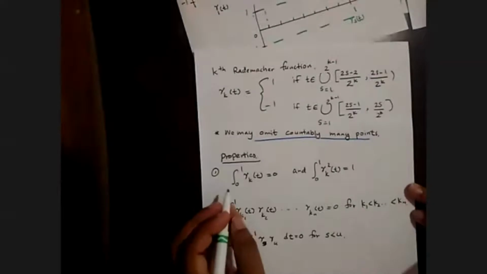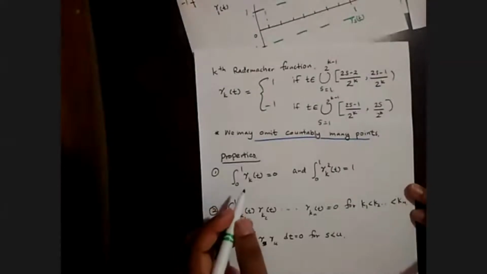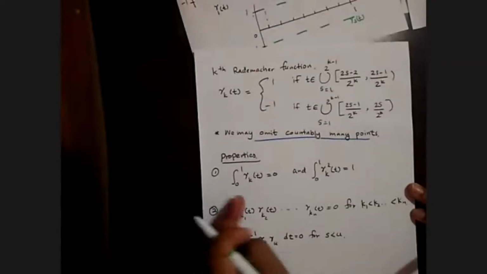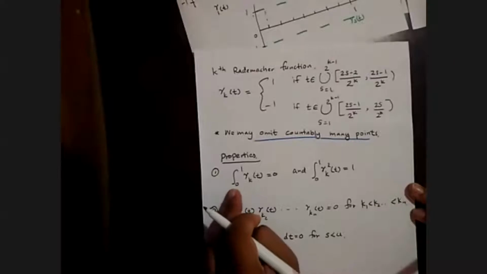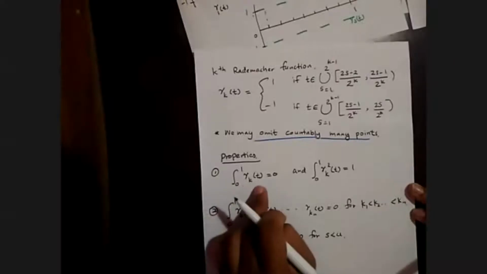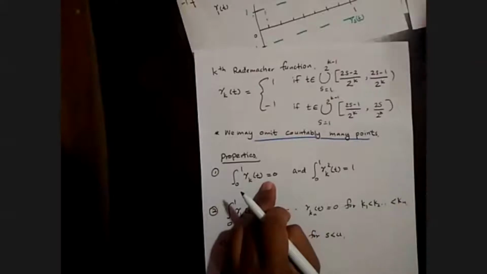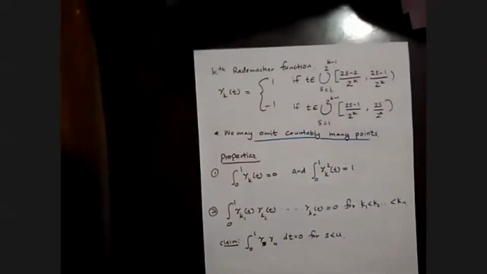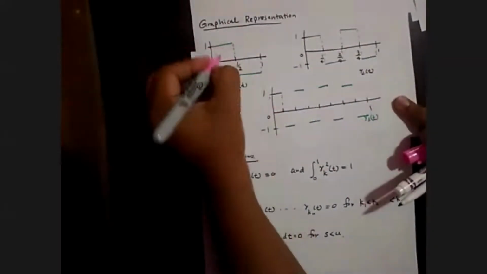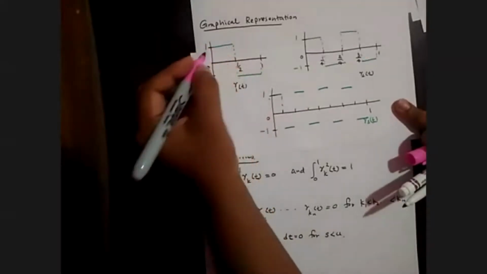Next, we will discuss some basic properties of the Rademacher functions. First one: integrating from 0 to 1, the kth Rademacher function equals 0. It's clear. If we go back to our graphical representations, you will see that in R sub 1, I am looking at the Lebesgue measure.